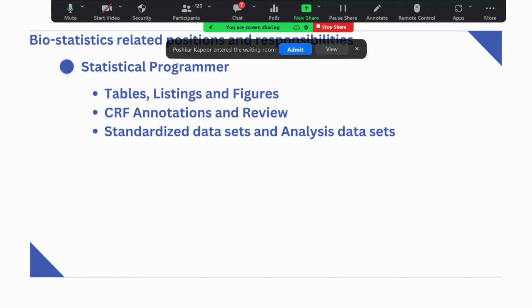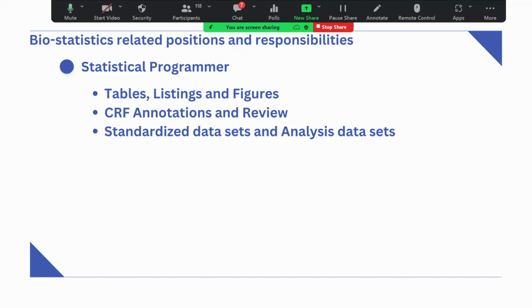A statistical programmer or SAS programmer has the primary responsibility of writing programs in SAS to generate the output data sets, tables, listings, and figures needed for the analysis and reporting of the clinical study. Other key responsibilities may include annotating the blank case report forms and the database structures where the data will be stored.